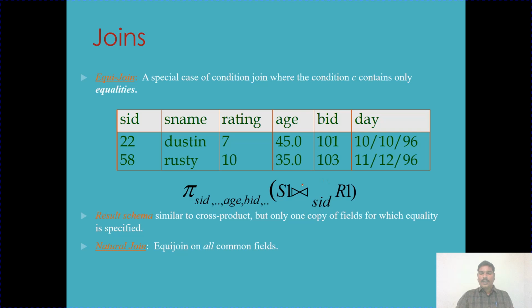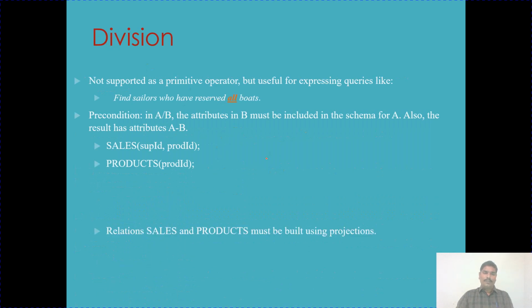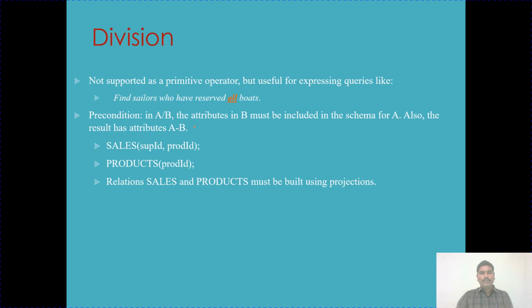This is the natural join operator. Yesterday I already explained division. What is division? It is not supported as a primitive operator, but is useful for expressing queries like find sailors who have reserved all boats.